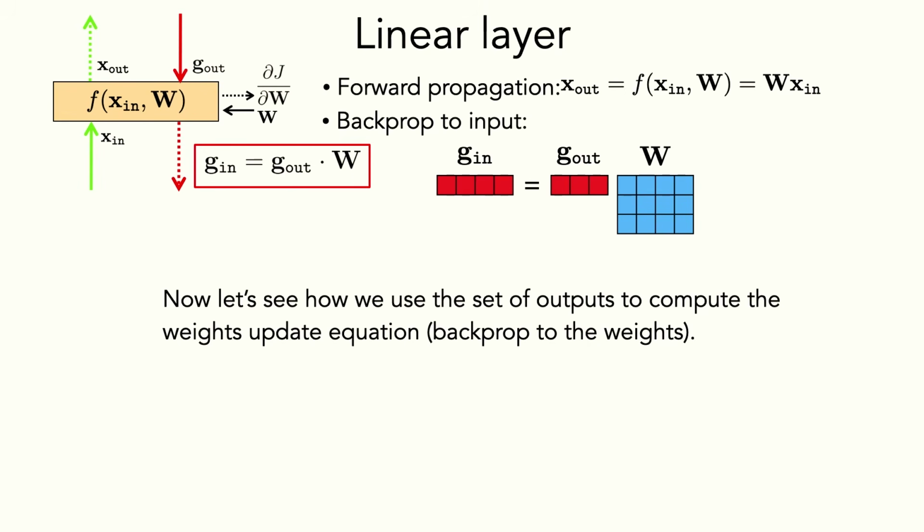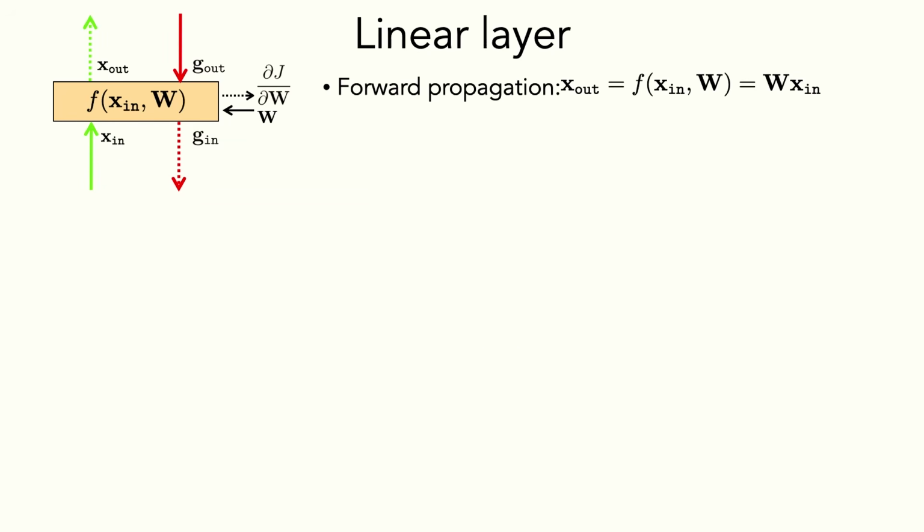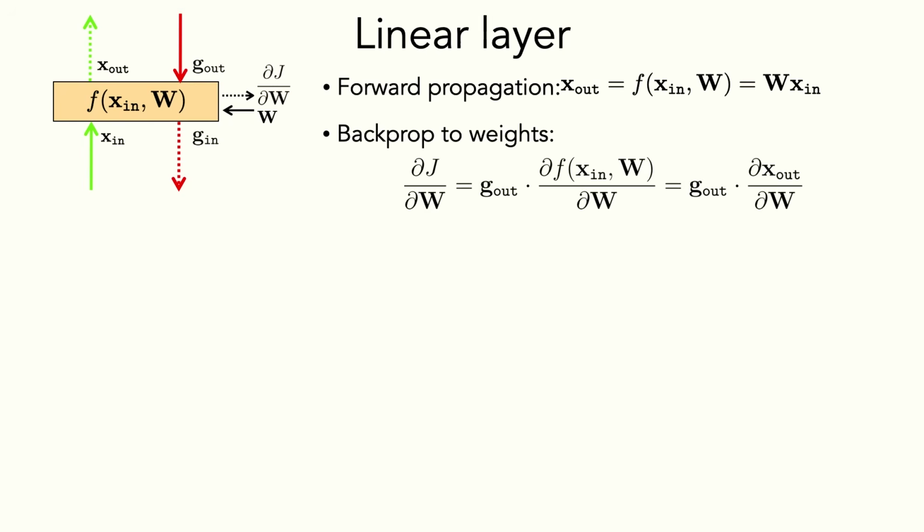And finally, let's see how we use those outputs to compute the weights update equation. How do we actually do backprop through to the weights? That looks like this. We're trying to take the partial derivative of the cost with respect to those weights. That's going to be the output gradient multiplied by this partial derivative.